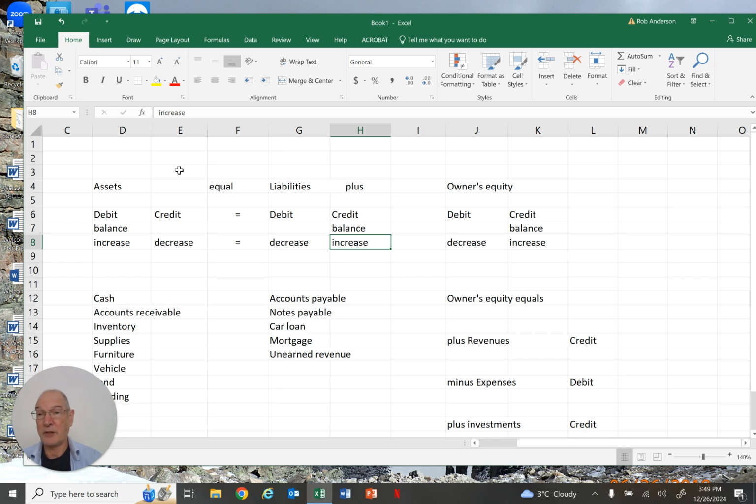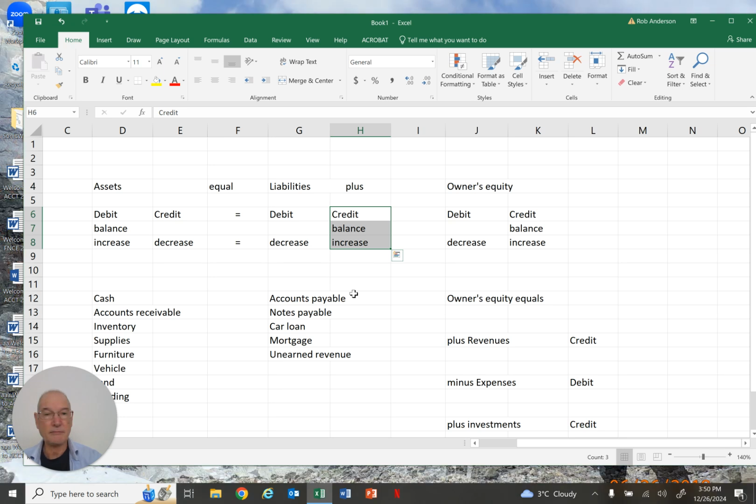So notice that for assets, we had a debit balance and a debit increase. For liabilities, we have a credit balance and a credit increase. And if we pay off a liability, again, there's no such thing as a minus credit. If we pay off a liability, that is a debit to the liability, which reduces it. So you'll see here, debit is decrease for a liability.